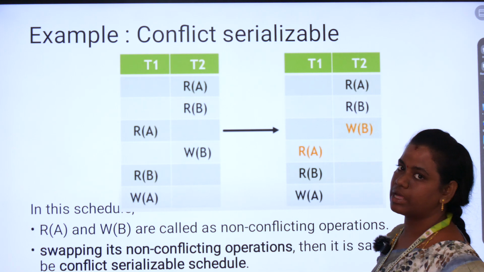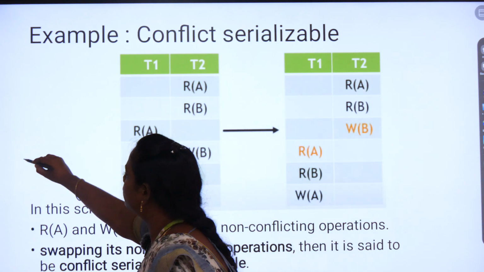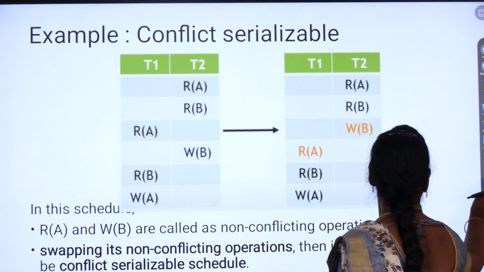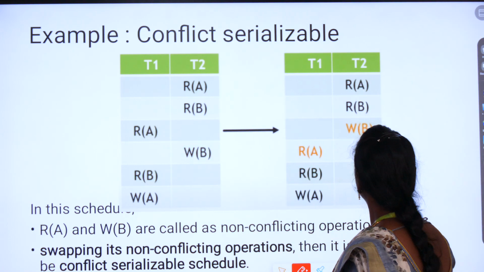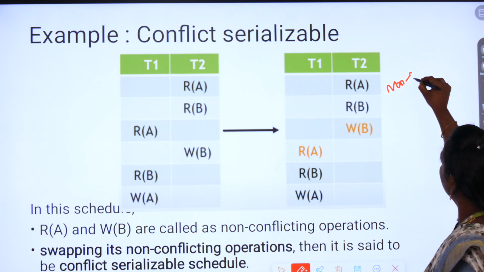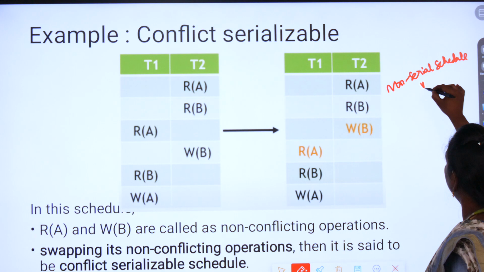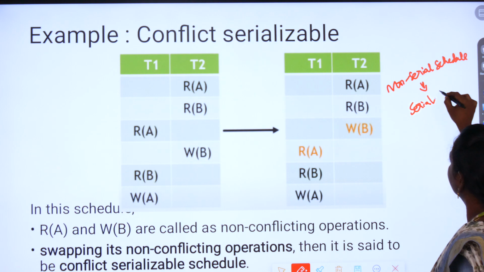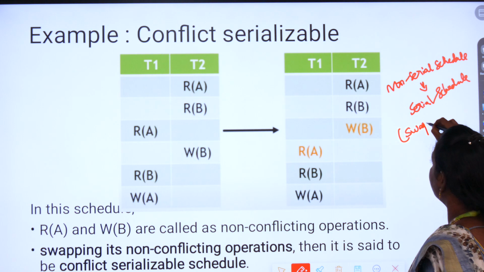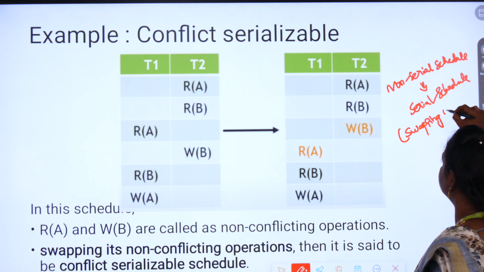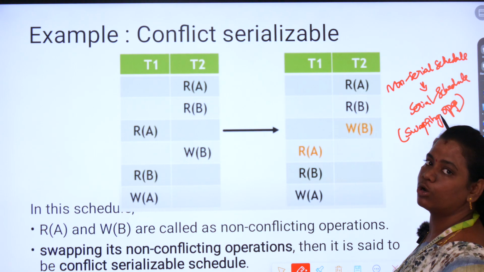Next we will see an example for conflict serializable. Conflict serializable means we are going to convert a non-serial schedule into a serial schedule by swapping its non-conflicting operations.